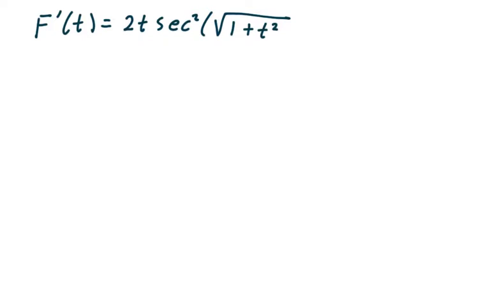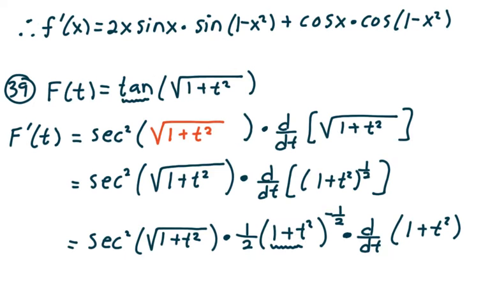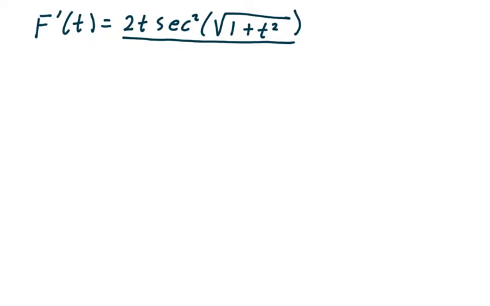So f prime of t is 2t secant squared of the square root of 1 plus t squared, and I'm going to divide by 2 times the square root of 1 plus t squared. Or if you are more comfortable, you can write it first as 2 times 1 plus t squared to the 1/2. So I have to change the sign of the exponent for moving that factor down into the denominator.